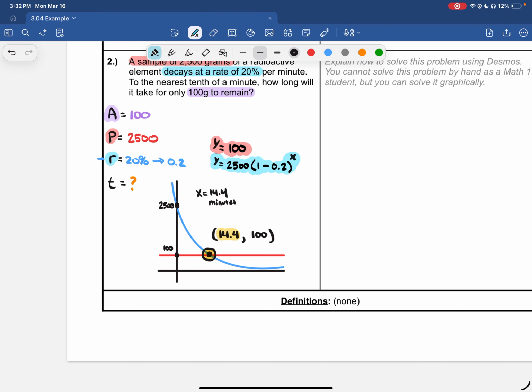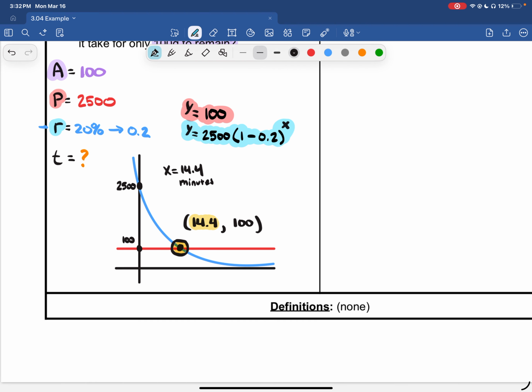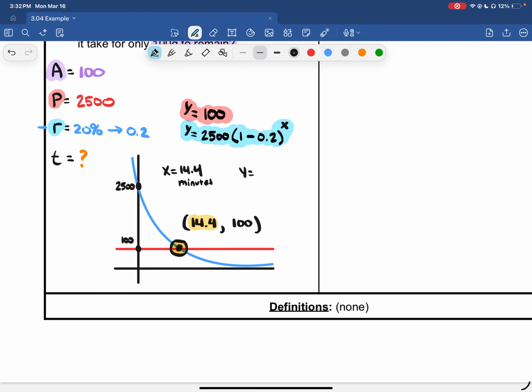When 14.4 minutes have gone by, there will only be 100 grams remaining. The answer is 14.4. In Math 3, you will learn a way to do this by hand.